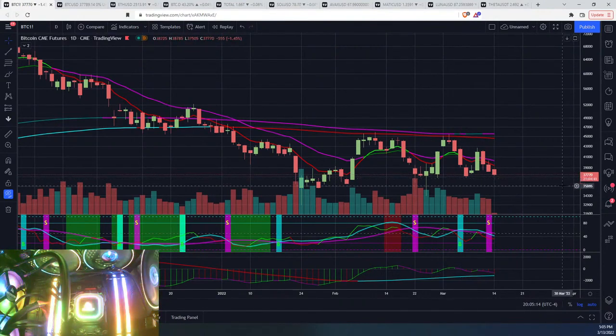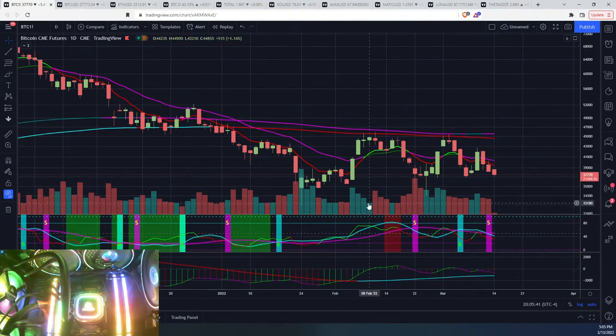So a move down after that is probably going to take us down to our next swing low. We may see a little stop off at this little bump right here, but more likely than not, we're going to retest the low right here at 35,530, which was our close, or in this case, the gap down open, right back here, which was our low since the 70,000 top. That is our next key area to pay attention to if we break down from the current level that we're at right now.